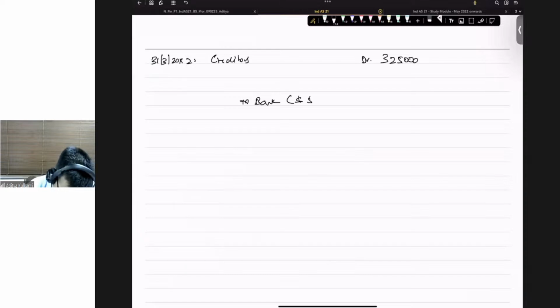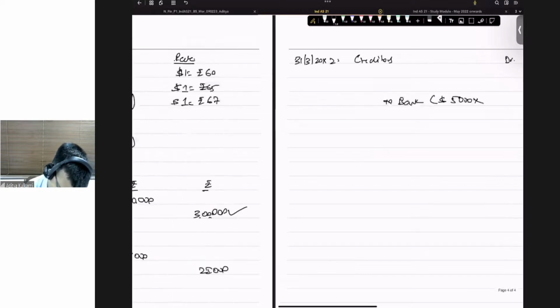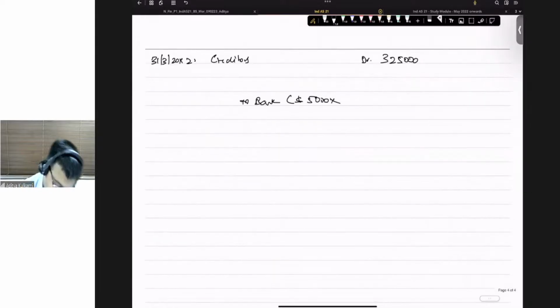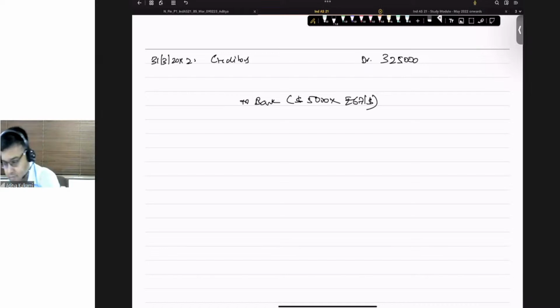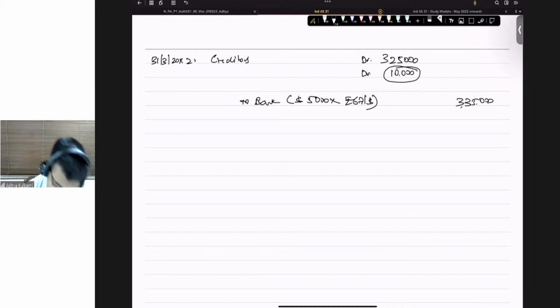Your creditors are worth $5,000. On the date of payment, the exchange rate is 67. So 3,35,000, and the 10,000 is forex loss.